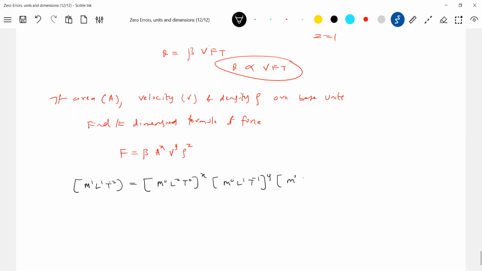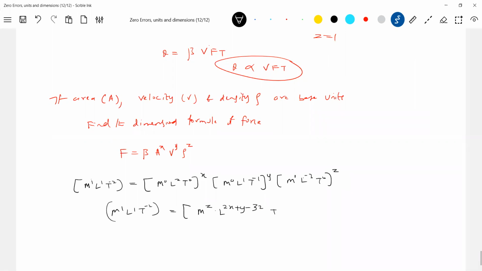Mass by volume. Okay, equate these two, all the quotients. Before that, let me simplify one more step: M^z L^(2x plus y minus 3z).